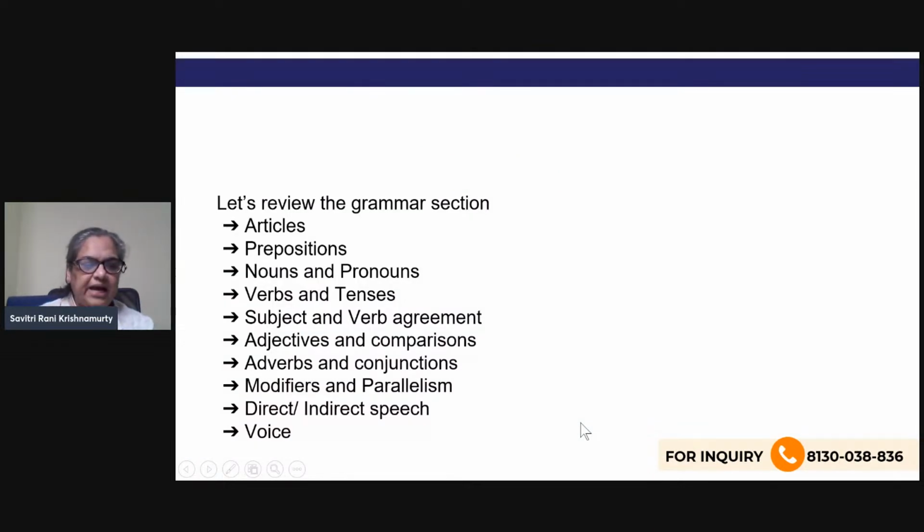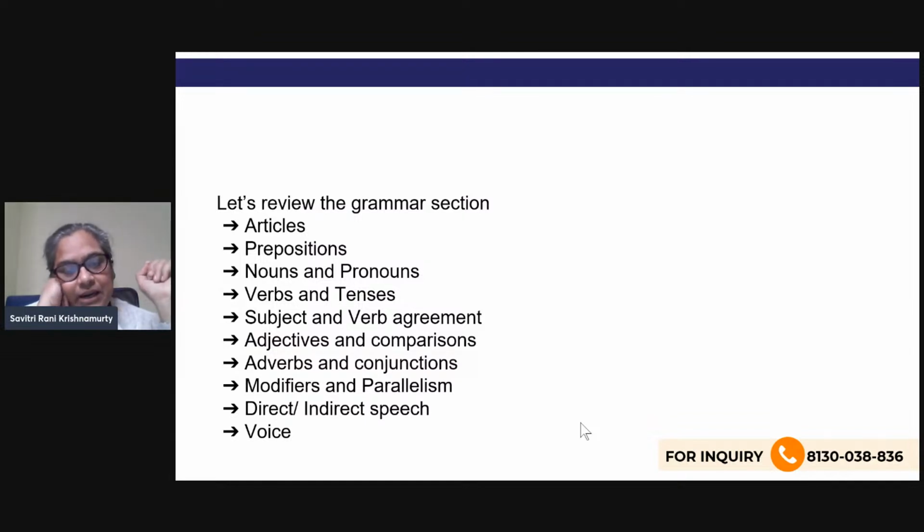You know that in SNAP we have 15 questions, divided between grammar and vocabulary. For the past few years, whatever grammar questions have been asked, we've tried to put together. Quite a few are on prepositions, a few are sentence correction, and error detection.